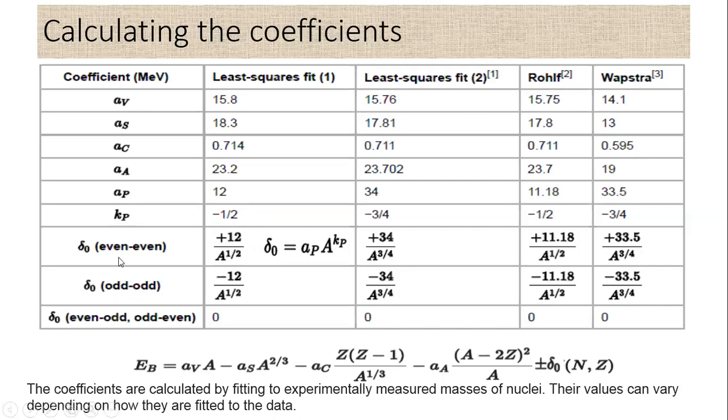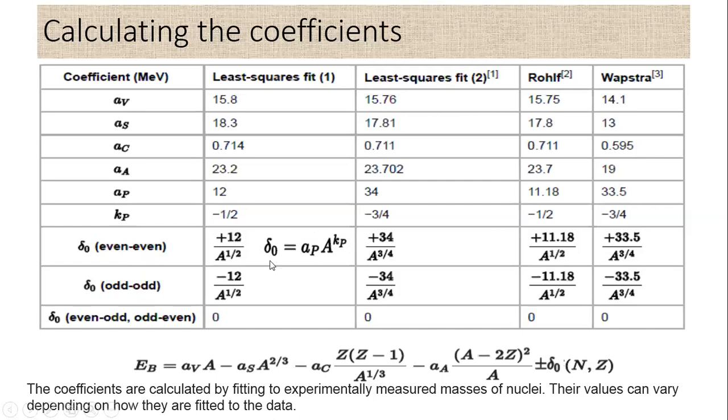So as we have earlier explained for the pairing term, when it is even-even, even number of protons and even number of neutrons, then it has the positive contribution. So the positive contribution is coming from this even combination, and these are the constants over here.